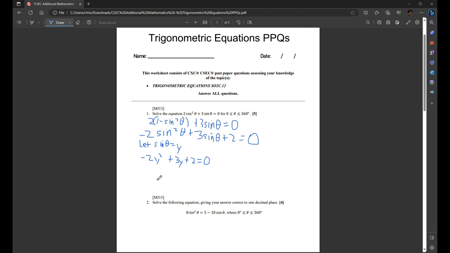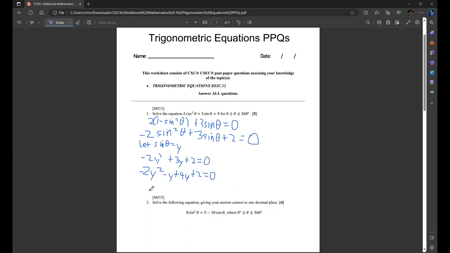I don't think we have to go through solving quadratics, so we're just going to go ahead and solve this how we know how to. Negative 2 times 2 is negative 4. What's going to give us negative 4? Let's see, that would be negative y plus 4y. So we can write that as negative 2y squared minus y plus 4y plus 2 is equal to 0.